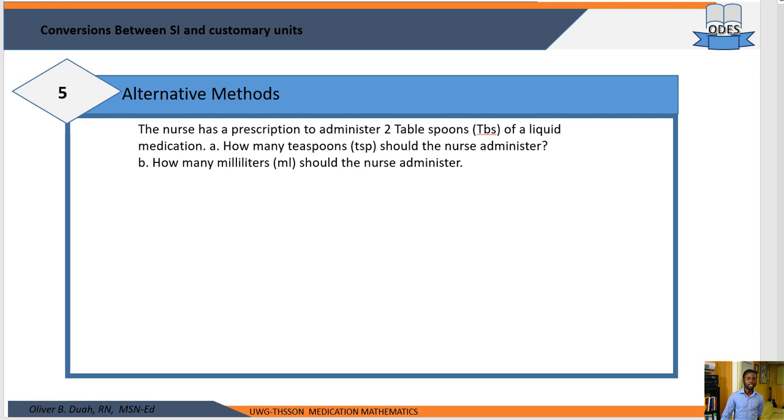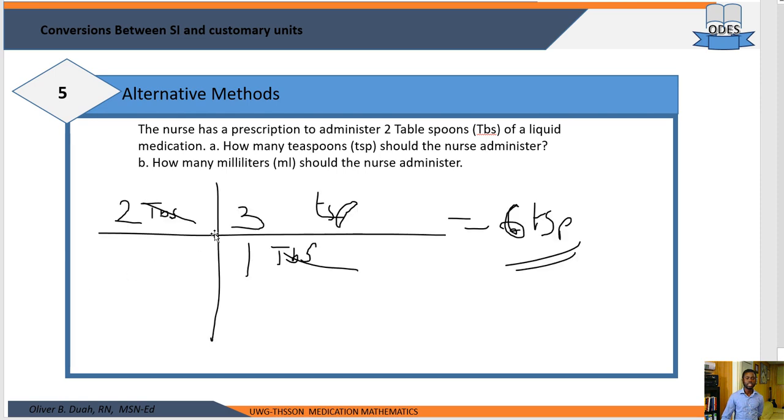Okay, and then for part B, it says that now we should convert this to mLs. So what we should ask ourselves is, how many mLs in 1 teaspoon? And we know that there is going to be 5 mLs for every 1 teaspoon.